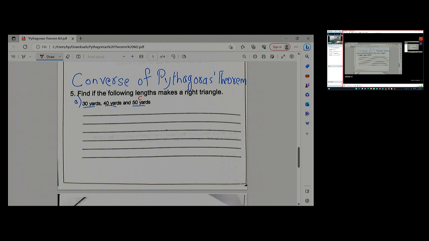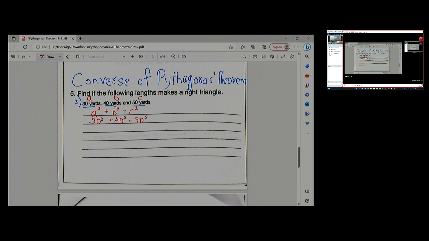Then 30 and 40 we can call A, B. So we check now in the Pythagoras theorem, that is A square plus B square is C square. Understand? How much is A square? 30 square. B square is 40 square. C square is 50 square.